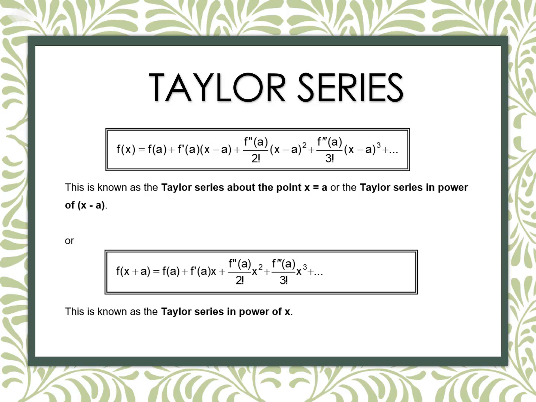Take note that for the second formula of Taylor's, only the variable x has the increasing power. Actually, these two formulas are the same. It's just a matter of how we represent the expansion, that is either in power of x minus a or in power of x only.